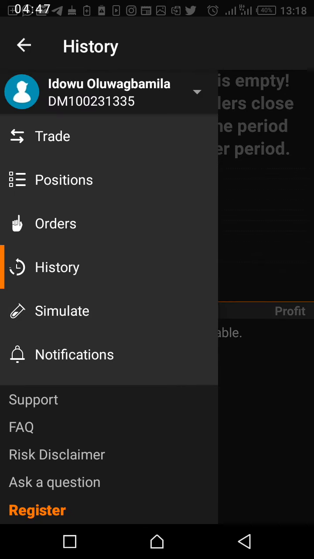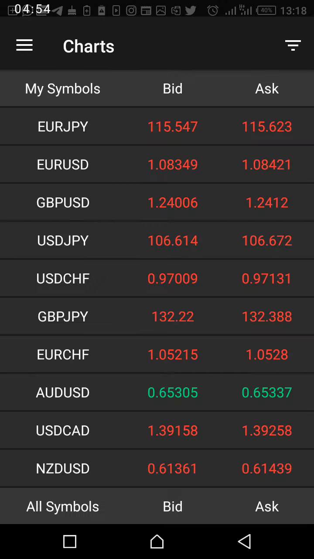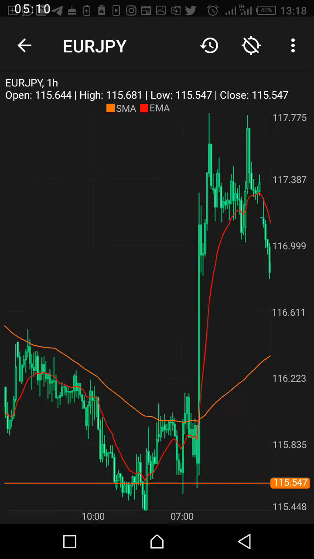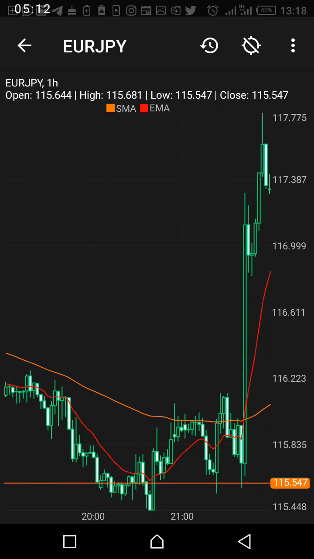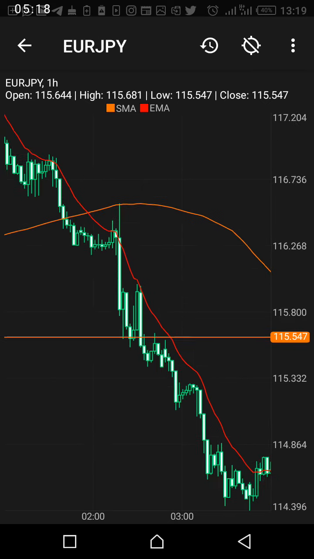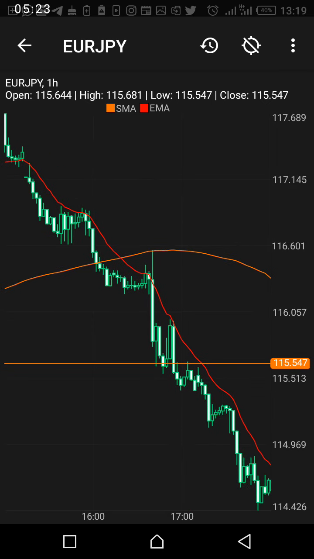Okay, and then you can interact with the chart here. Here is the chart. So you can choose any of the currency, depending on the kind of style of trading that you have, maybe you are a naked trader, or you're a type of trader that makes use of indicators.